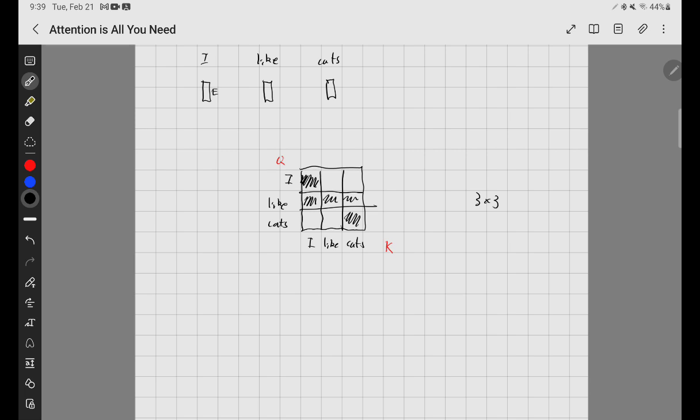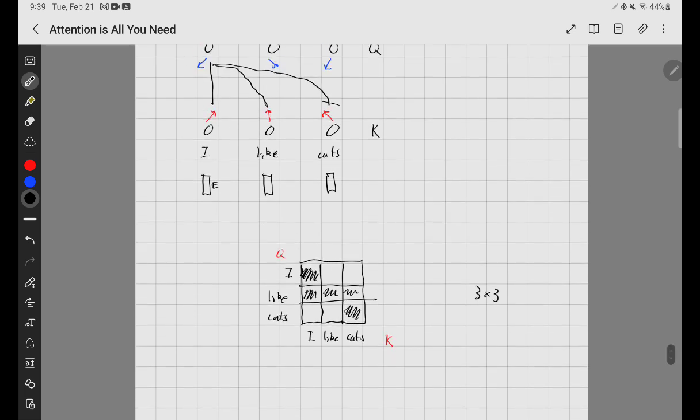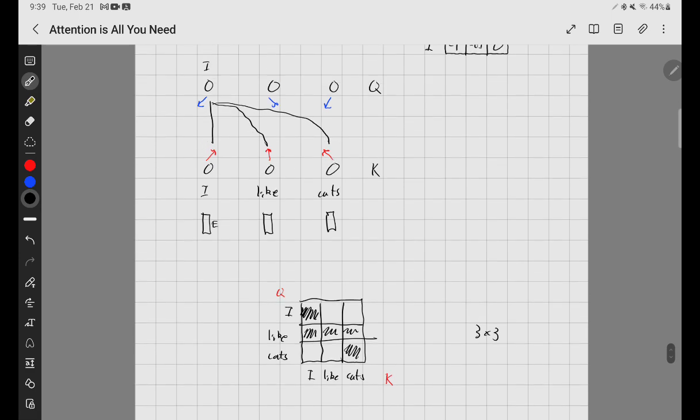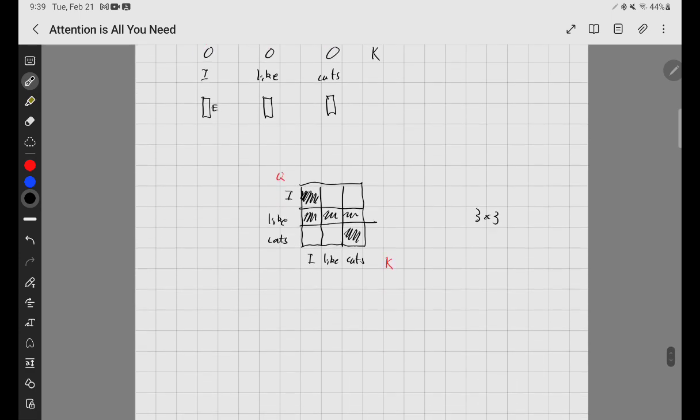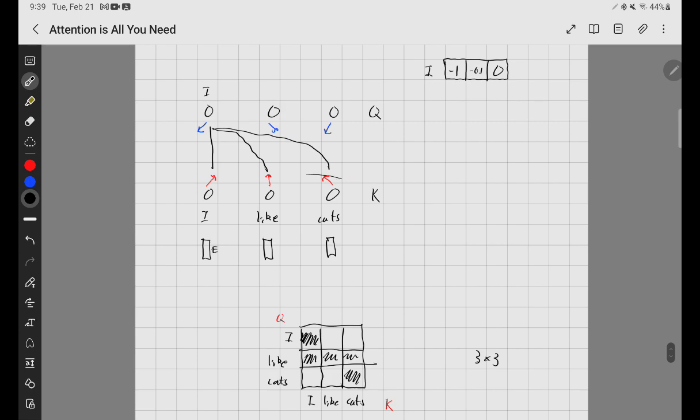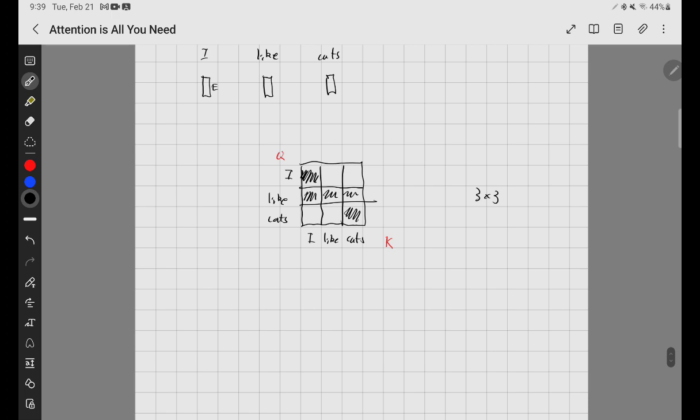It's pretty much just the similarity between the vectors up here, and it allows information to be routed from all inputs, so I like cats, to this one output, and then all inputs to this next output, and all inputs to this third output through a similarity matrix, as shown here.